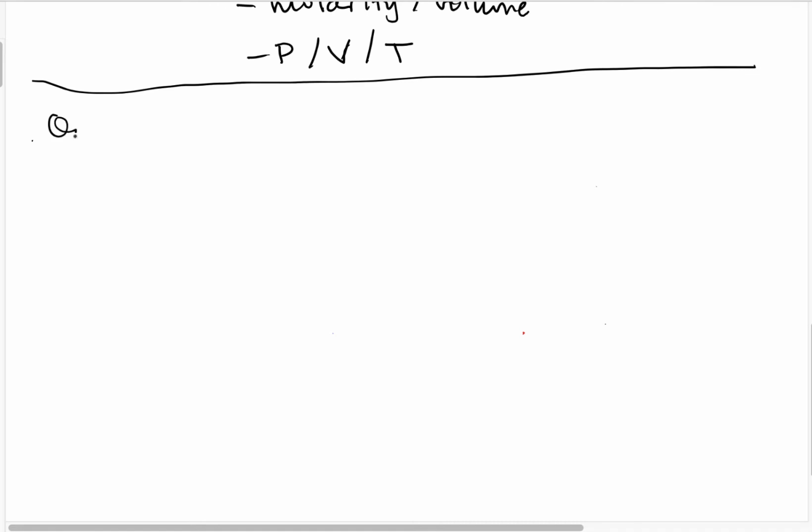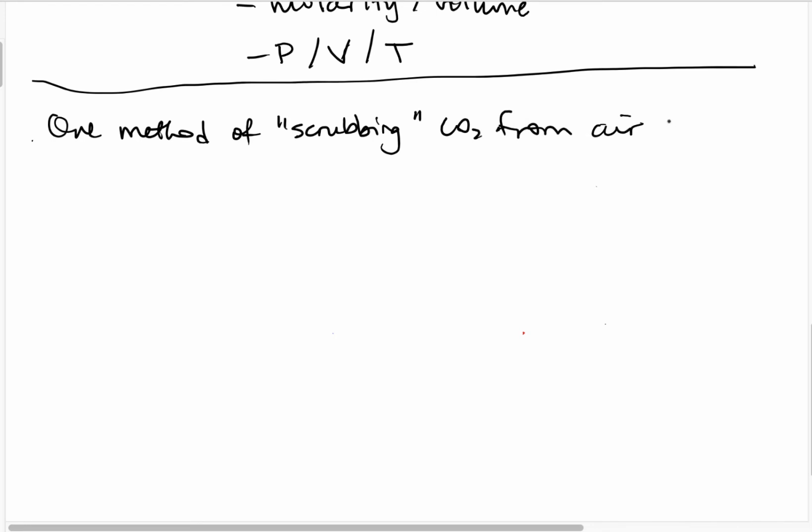So one method of scrubbing or removing carbon dioxide from air or from any kind of a gaseous sample is to pass it through a strong base. And one of the best ones for that is lithium hydroxide.